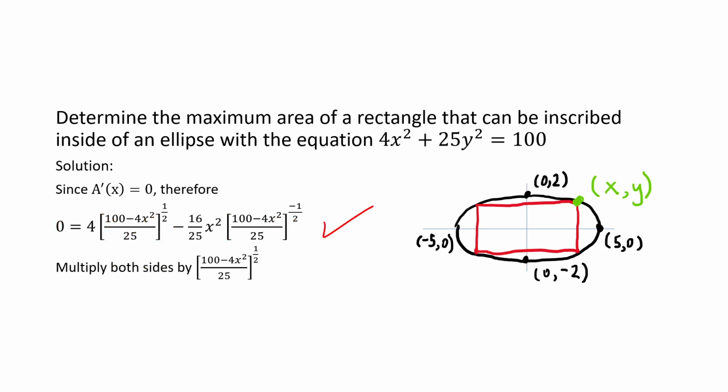So 0 is going to be equal to that expression. And we're going to multiply both sides by this square rooted quantity. When we multiply 0 by that square rooted quantity, it'll stay 0. When we multiply this expression by this quantity right here, I said square rooted quantity, meaning quantity to the 1/2.